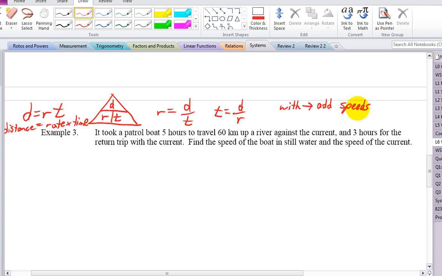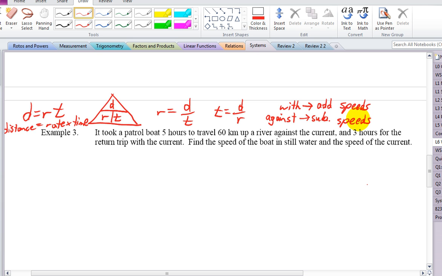The speeds are added. But when you get to Langley and turn around, now you got to fight the current and you're going against it. Well, guess what? You would have to subtract the speeds. It's 10 times as hard now. Now you got to paddle up that river.